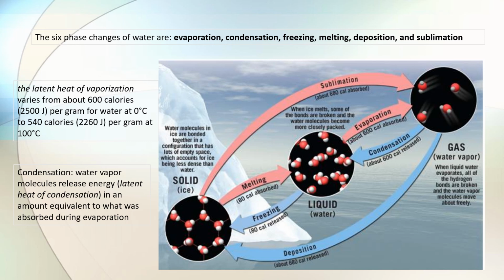The latent heat of condensation is the same amount as what was absorbed during evaporation. Since evaporation and condensation are the opposite of one another, it's basically the same amount of energy needed.